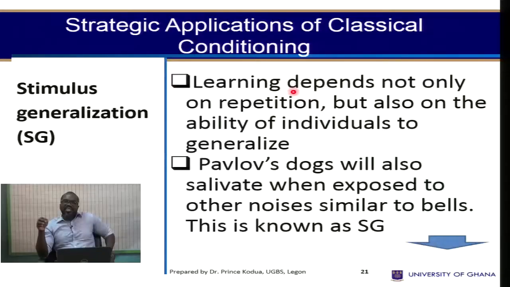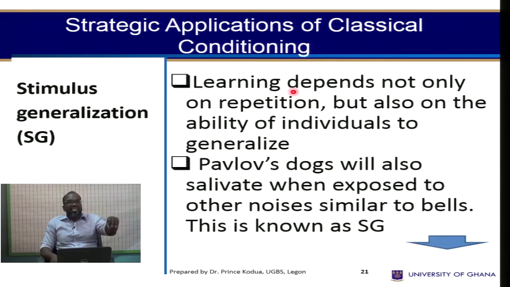We can also talk of stimulus generalization. In Pavlov's experiment, he realized that although the dog was responding to the sound of a bell, over time the dog also learned to react in a similar way to other sounds similar to the ringing of a bell.